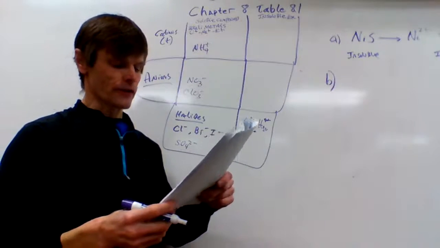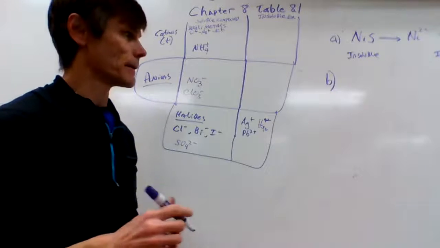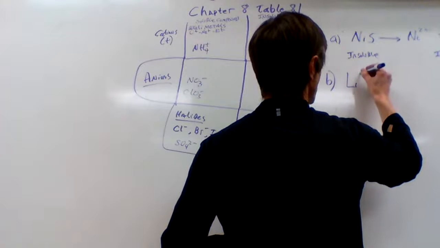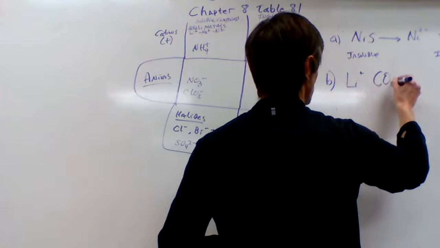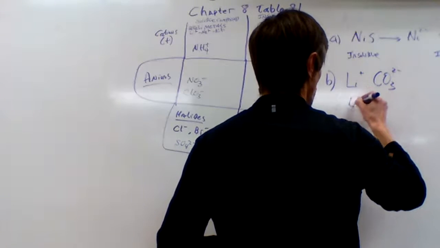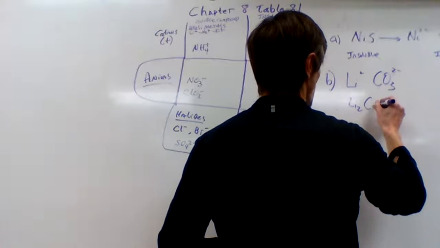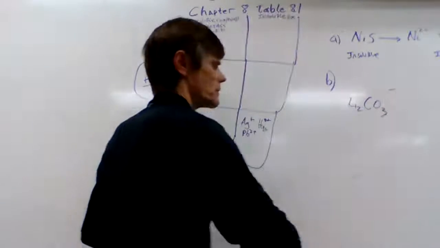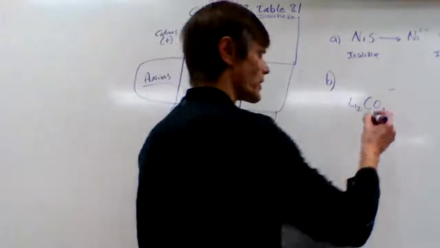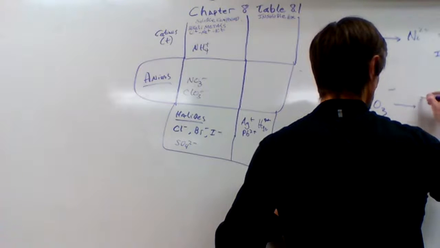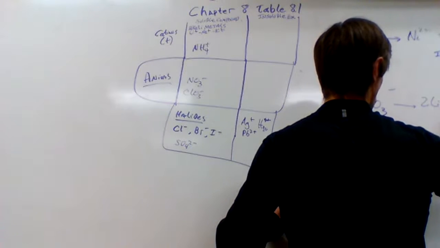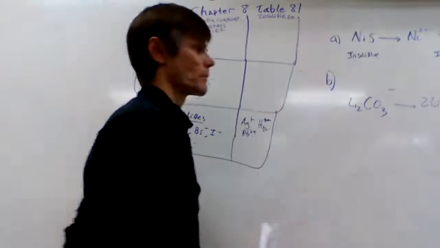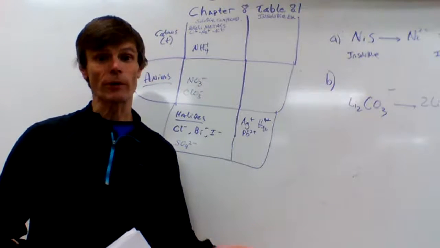Let's look at our next example, lithium carbonate. Here's lithium. Here's carbonate, and this forms lithium carbonate. When this breaks up into lithium ions and carbonate ions, soluble or insoluble?